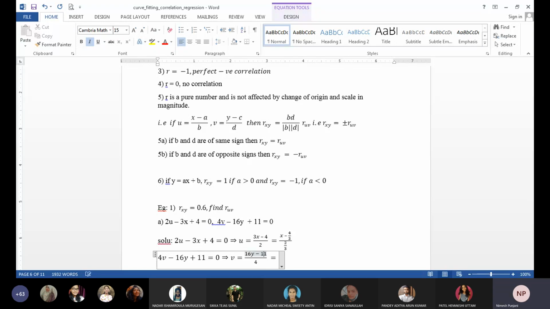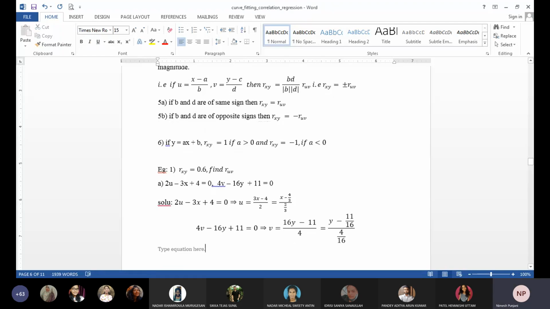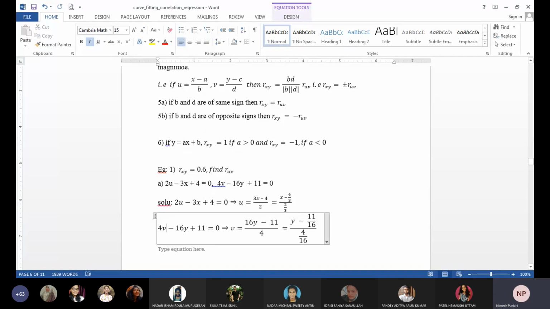Again, the coefficient of y is 1, so that can be written as (y minus 11 by 16) divided by 4 by 16. These two things are clear.